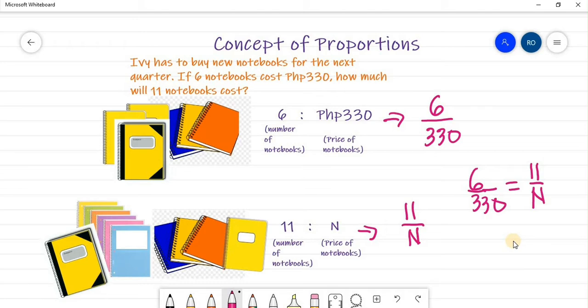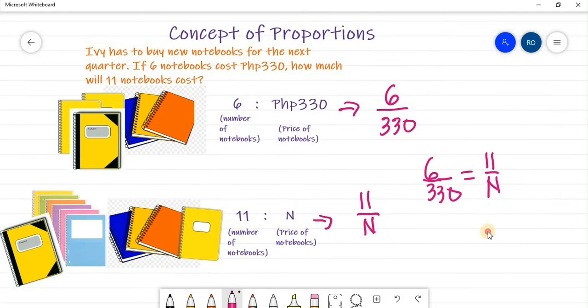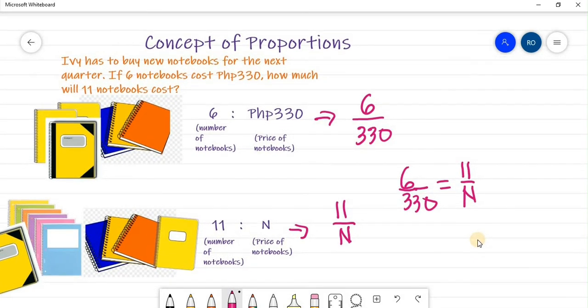Now we have 6 over 330 is equal to 11 over n. We write them this way because they are equal ratios. To find the value of n, all we have to do is use the cross product, in which we multiply across.